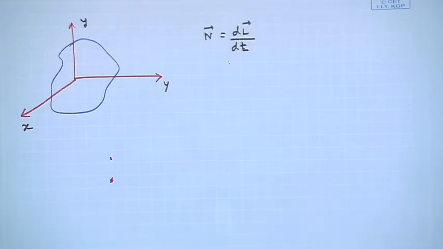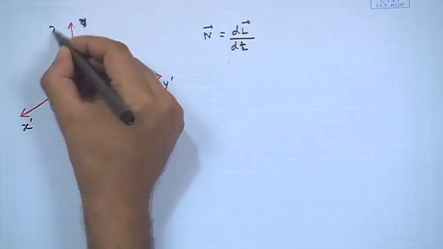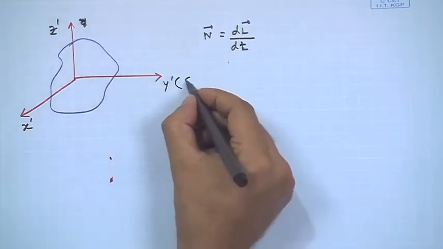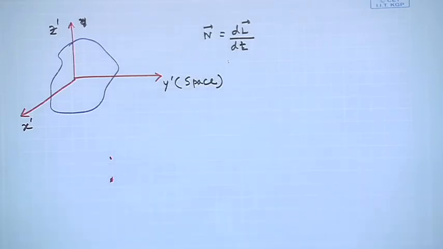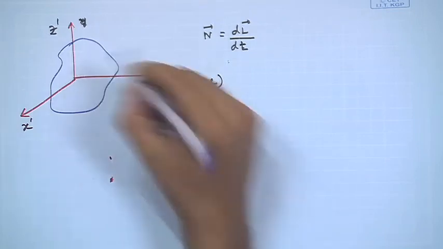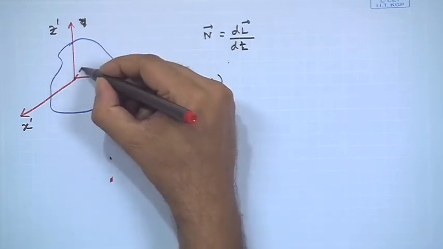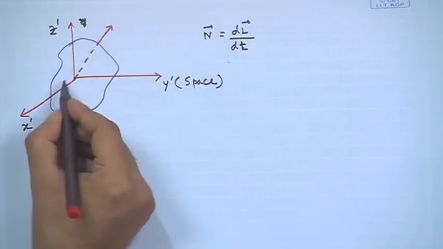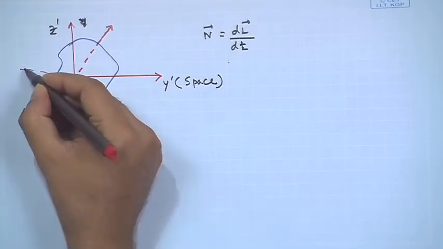So, we will go back to our original notation, x prime, y prime, z prime for this space set of axes. And we attach another set of axes with this system which rotates along with the body.